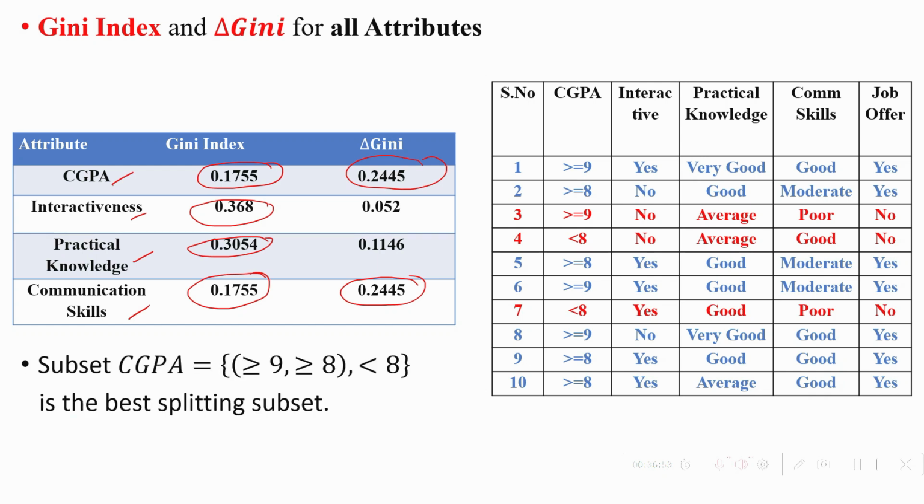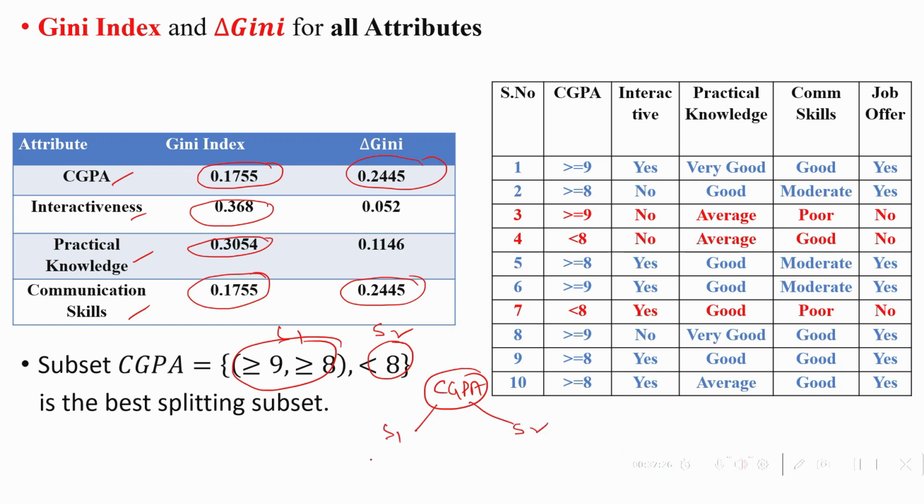Here for the CGPA subset, greater than or equal to 9 and greater than or equal to 8 is subset 1, and subset 2 is S2. This is the best splitting. Out of all the attributes, CGPA is selected as the root node, and we are going to split the data into two parts with the help of subset 1 and subset 2.